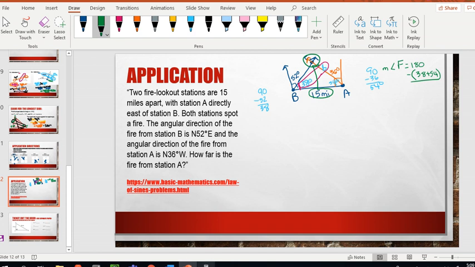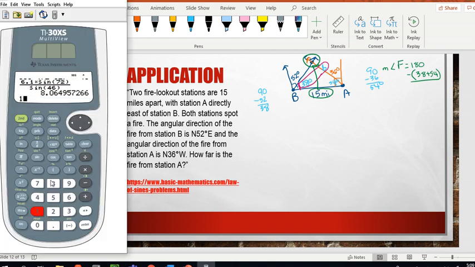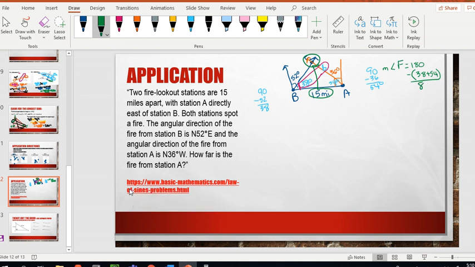So let's find angle F. 180 minus the combination of 38 plus 54, enter. That gives me 88 degrees. Almost a right angle. That really does look like a right angle right there. So I'm going to put it in black so maybe it'll show up. 88 degrees for angle F.